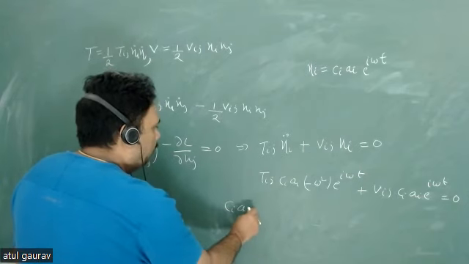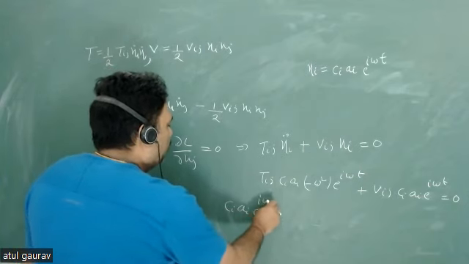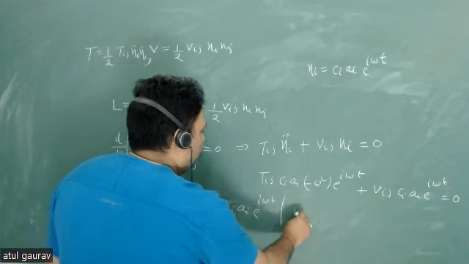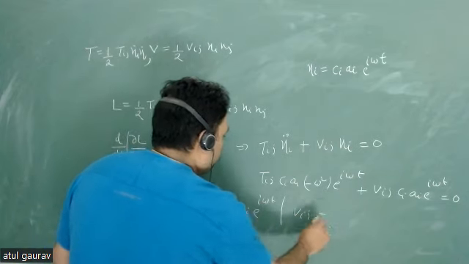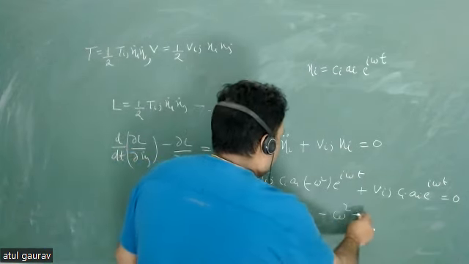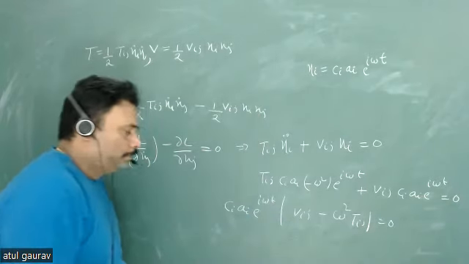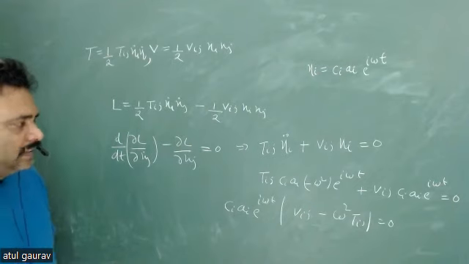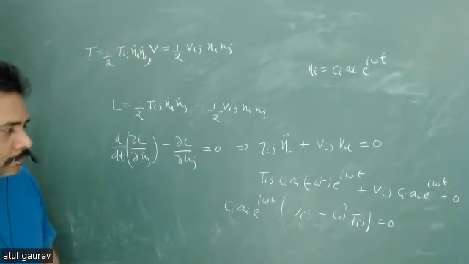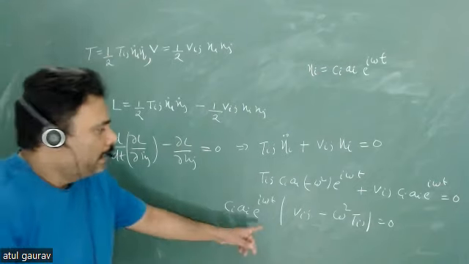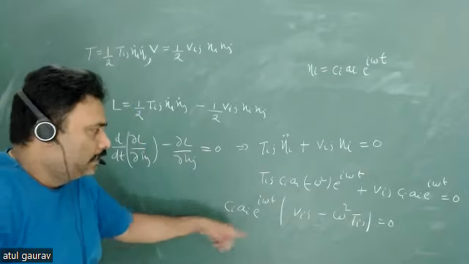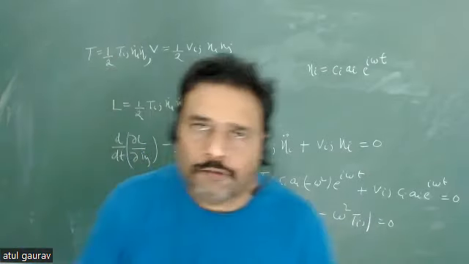Ci Ai e to the power I omega t, and we have Vij minus omega square Tij must be equal to 0. And this cannot be 0, because if it were 0, that would be the trivial solution.